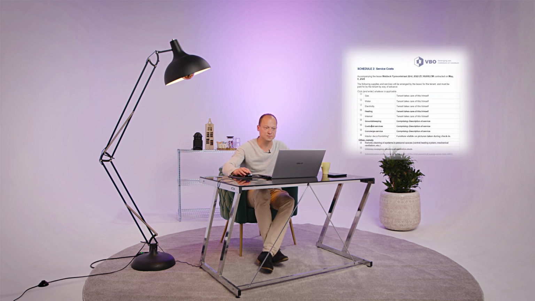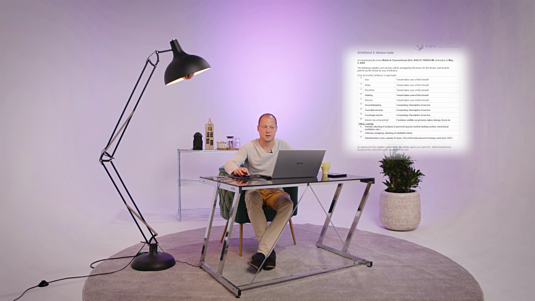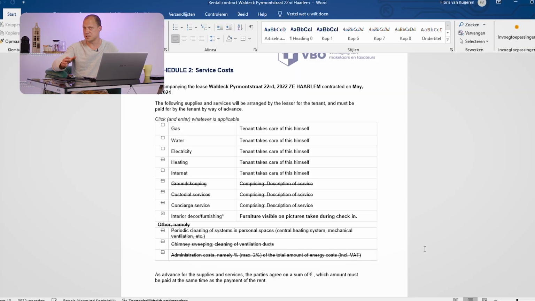But if we go a little further, we go to service costs. And I think here is where it gets important. In this case, the tenant has to take care of the gas, water, and electricity him or herself.